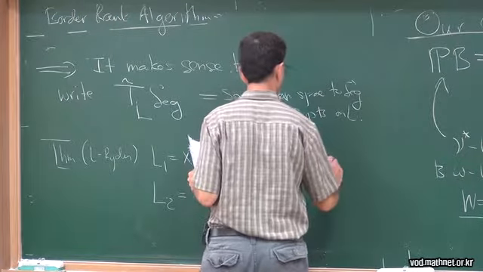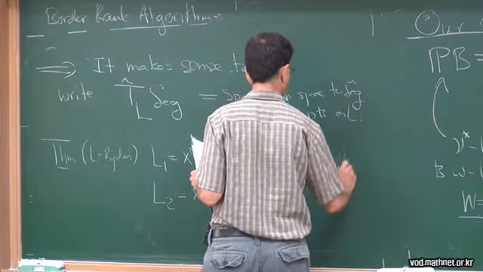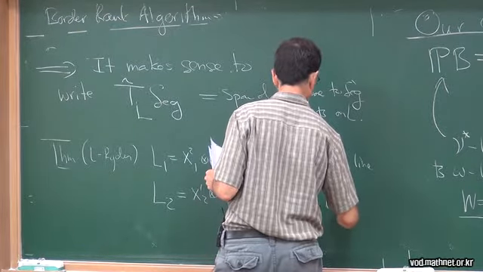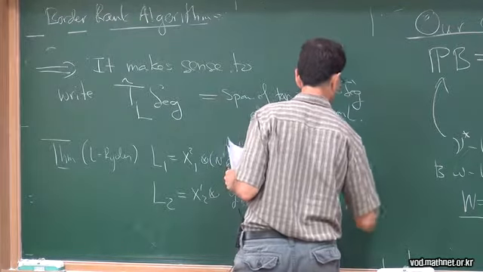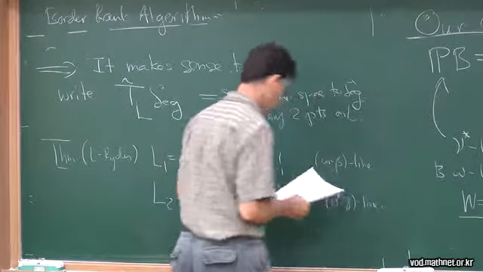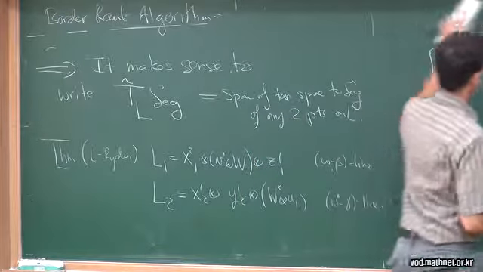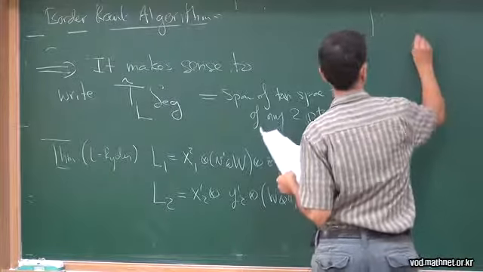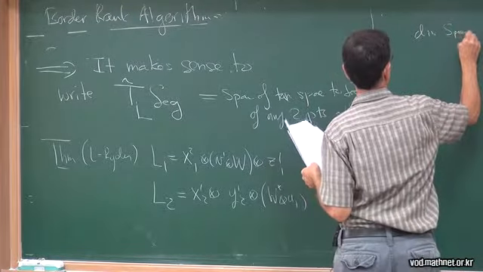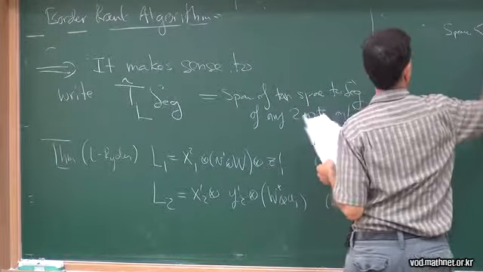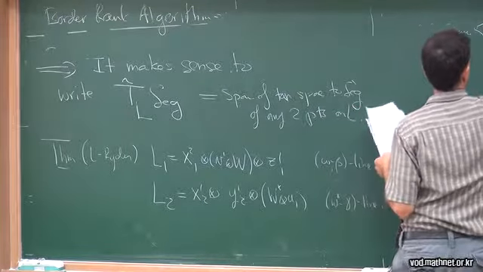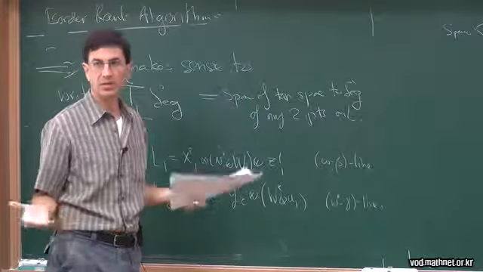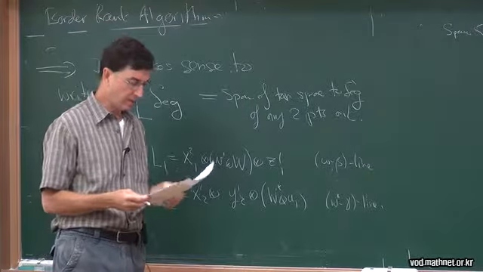So this is an omega beta line, and this is an omega star gamma line. And those 2 lines are in skew position. The span of L1 and L2 is a P3. Anytime you take 2 lines, if they don't lie in a plane, they'll span a P3.